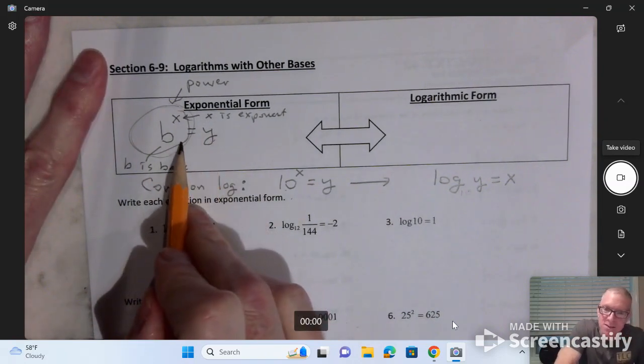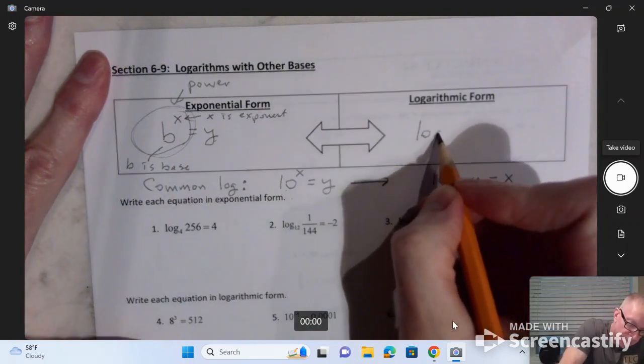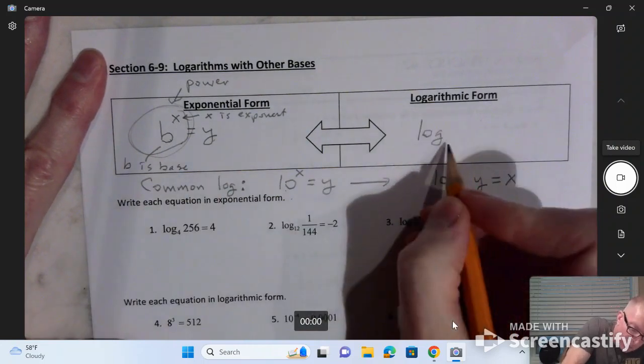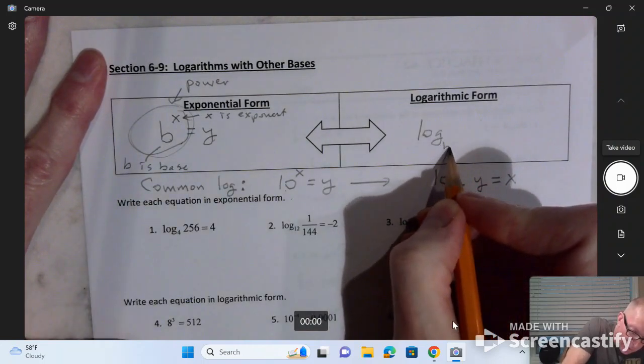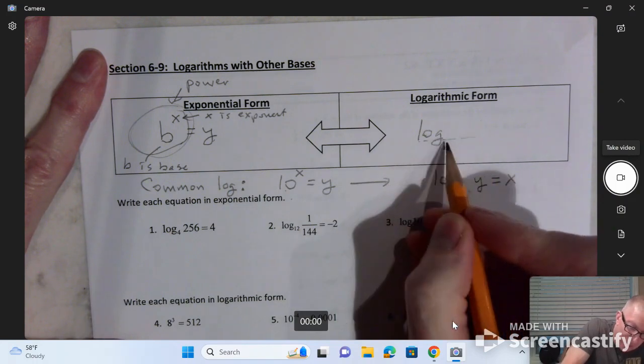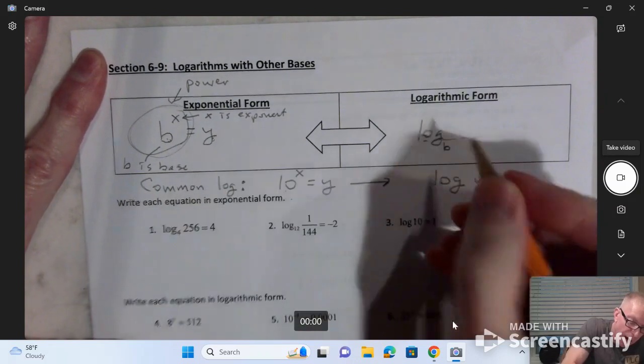If I'm going to write that as a log, well, then it's going to be a log. The base of my power is b, so my base is b, and I write the b down here below the log. It's almost like you've got this invisible line here. The b goes down below, and then you're taking the log of y.